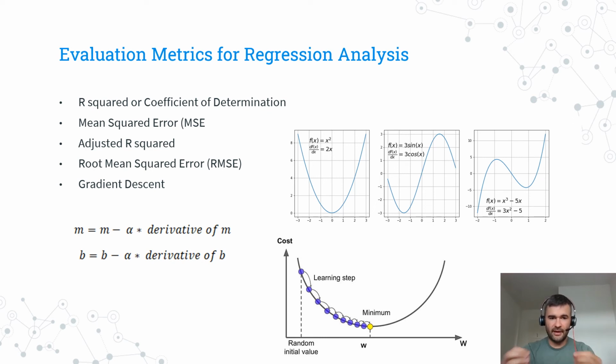The partial derivative is then determined in terms of m for the cost function equation, as well as the derivative in regards to b. So with the aid of this equation on screen, m and b are updated once the derivatives are determined.